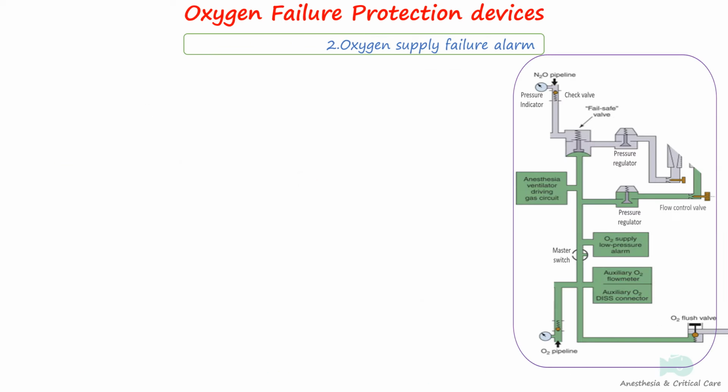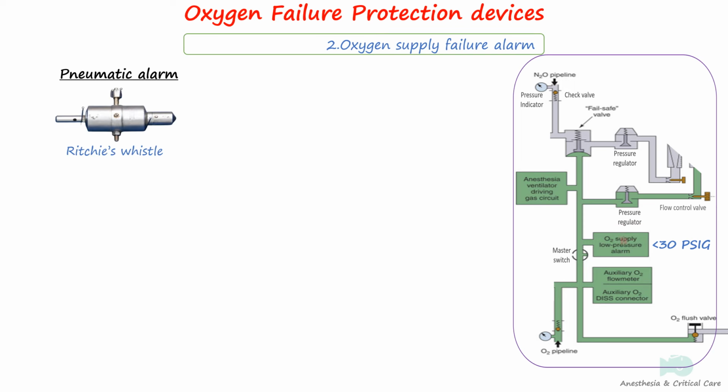The machine standard also specifies that whenever the oxygen supply pressure falls below a manufacturer-specified threshold, usually 30 psig, a medium priority alarm shall sound within 5 seconds. It should not be possible to disable this alarm. Older alarms like Ritchie's whistle used a pressurized canister that is filled with oxygen when the anesthesia machine is turned on.